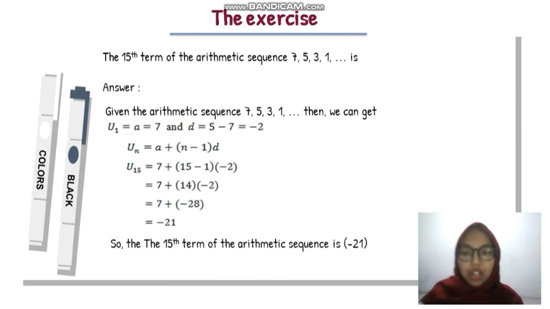So u sub 15 equals 7 plus 15 minus 1 times minus 2 equals 7 plus 14 times minus 2 equals 7 plus minus 28 equals minus 21. So the 15th term of the arithmetic sequence is minus 21.